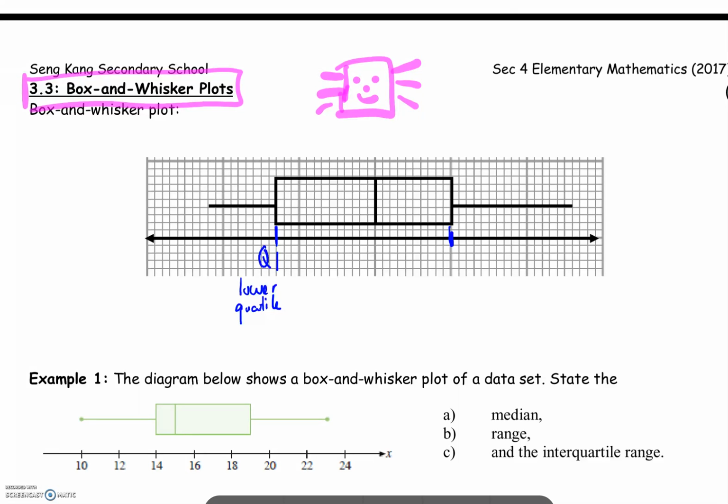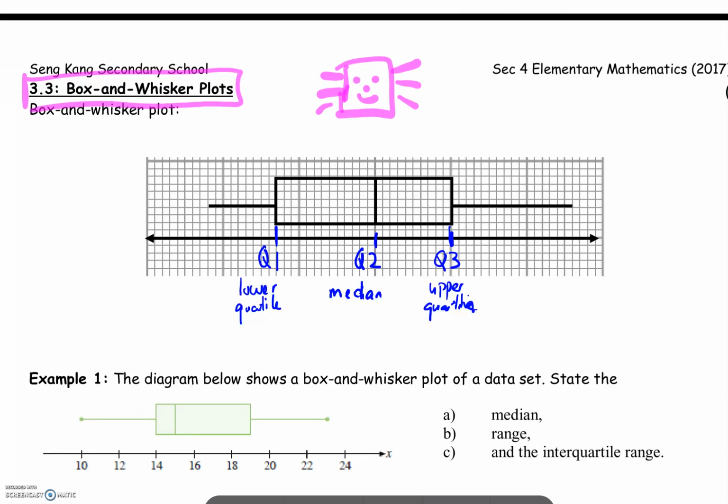What is this? Q3. Very good. This is your upper quartile. Who can guess what is in the middle? Middle is not IQR. Try again. Median. Very good. This is your median, or sometimes people will say Q2.